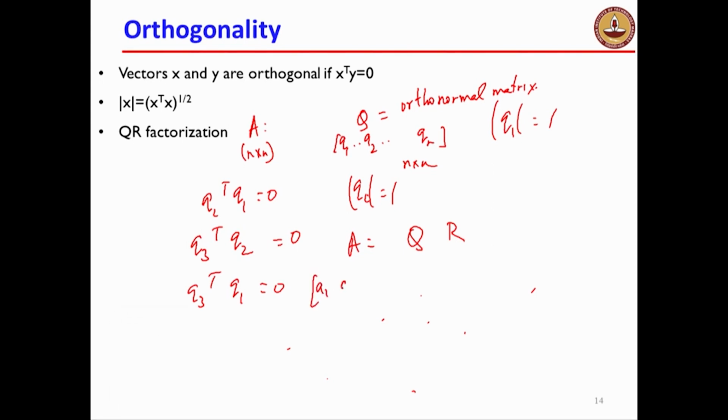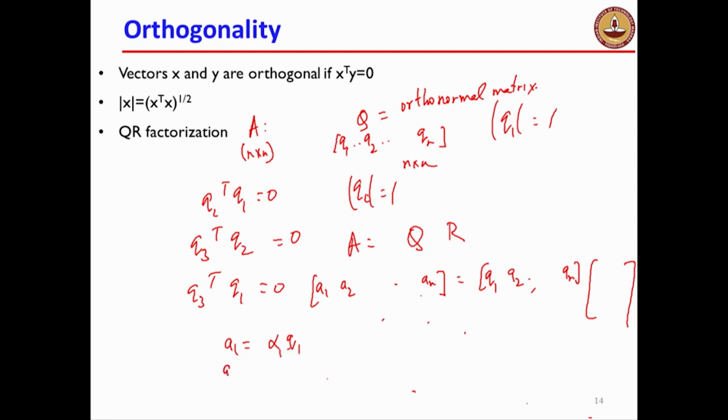So A1, A2, all the way till An, equals Q1, Q2, Qn times R. R won't be a diagonal matrix. If you expand this out, A1 is only a function of Q1. It does not depend on any of the others. So A1 is alpha 1 Q1.